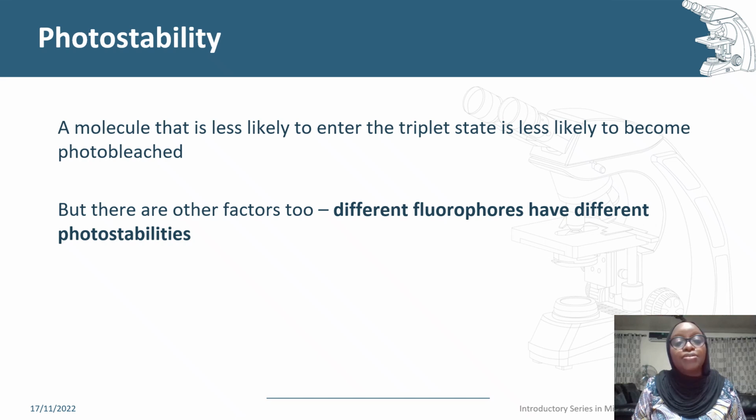On the other hand, photostability is very important when designing your experiment. A molecule that is less likely to enter the triplet state is less likely to become photobleached. But there are other factors too. Use photostable dyes. You need to make sure that you protect your photons: you only irradiate your specimen when acquiring.